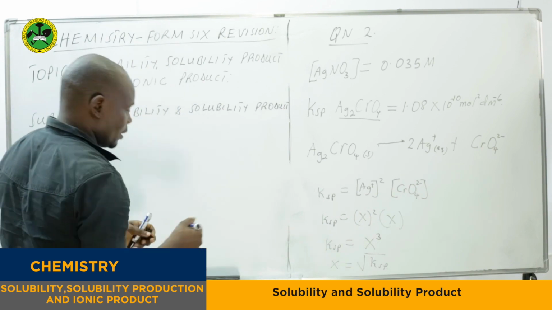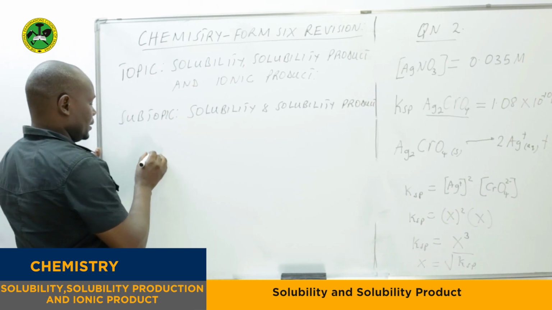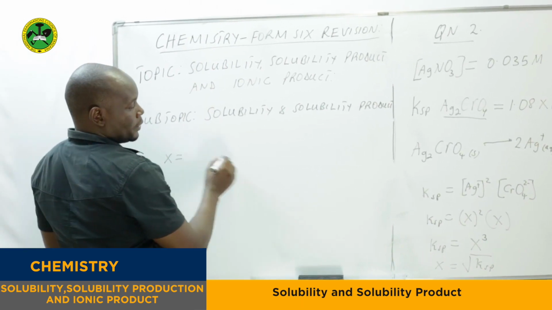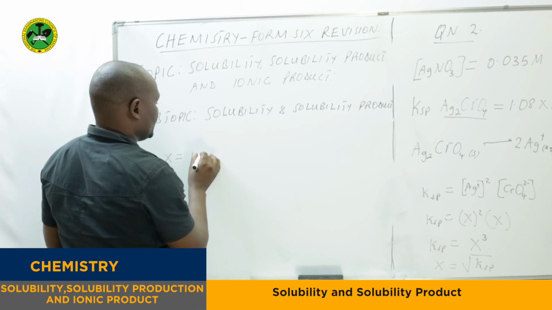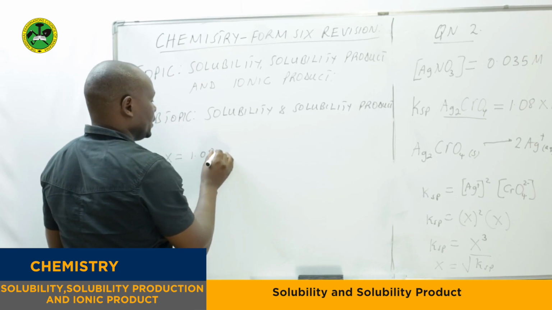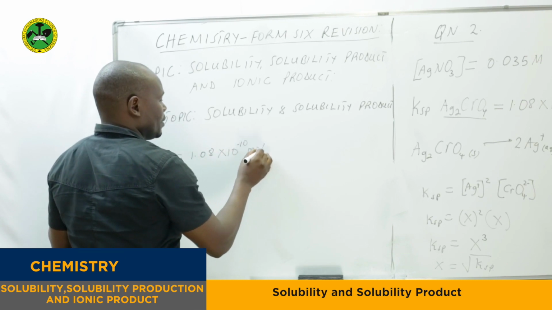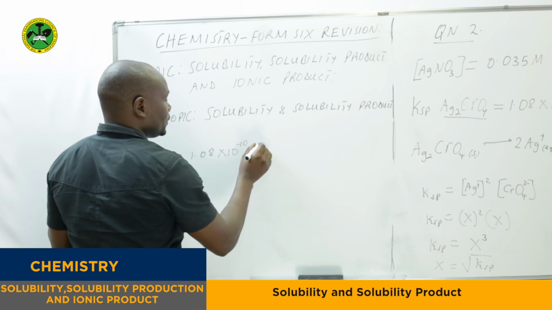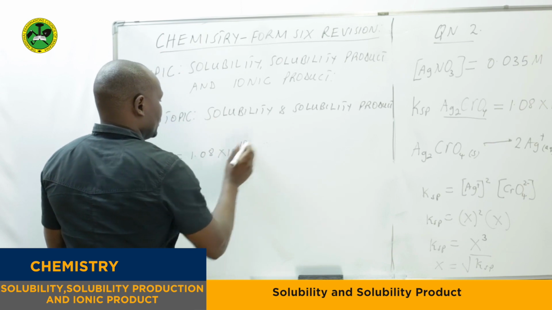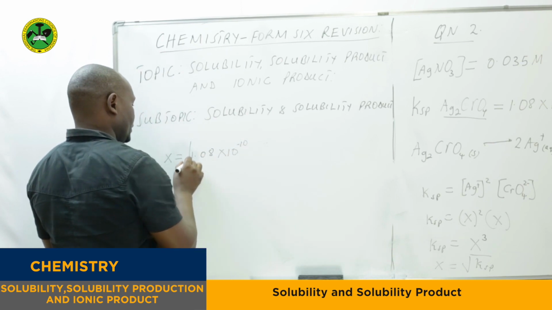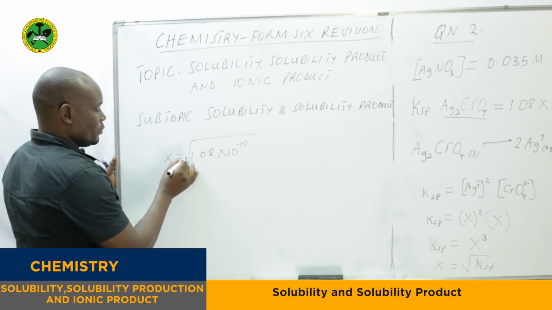If we substitute our data, Ksp is 1.08 times 10 power negative 10 moles per, you can write the units, and this is under root. But this is a cube root, not an under root.